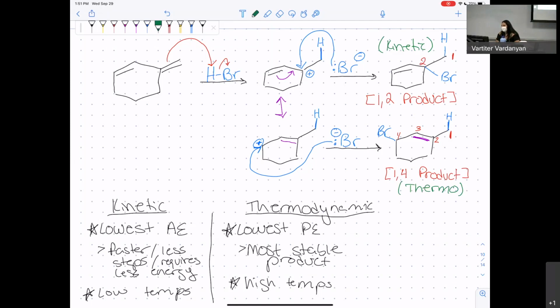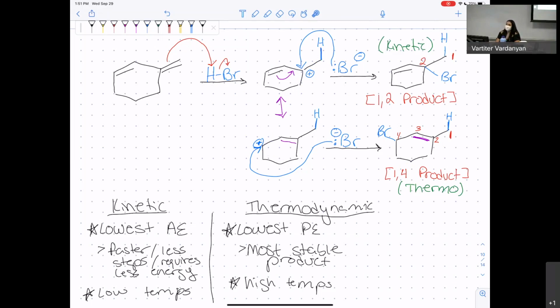So just to recap, if we attack the hydrogen, form our carbocation, and immediately add our bromine, we get the 1,2 product, which ends up being the kinetic because it happens in fewer steps and it has a more stable carbocation. If we end up doing resonance and making a less stable carbocation, we get the 1,4 product because we add the bromine all the way over here.